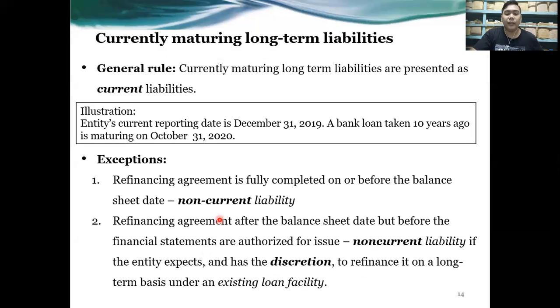Pero if ang imo refinancing agreement na-complete after the balance sheet date, and after man sang financial statements are authorized for issue, okay? I-consider mo siya as a current liability or mature siya within a current term.